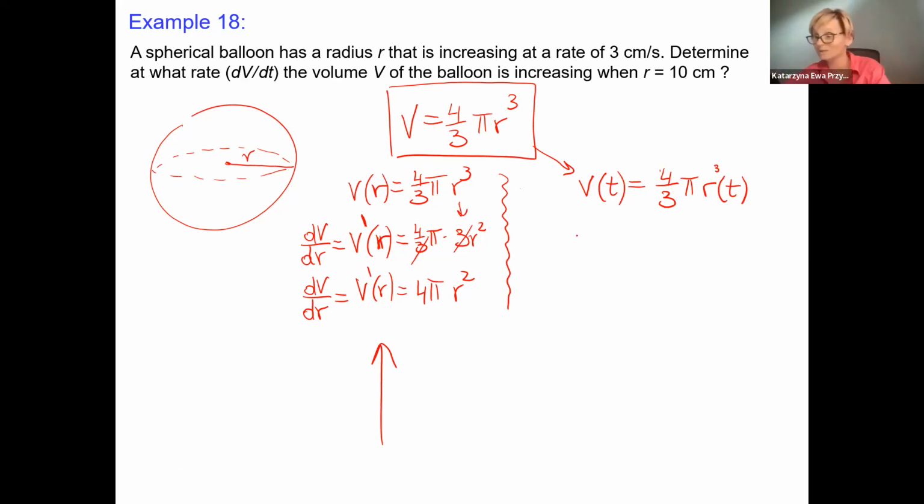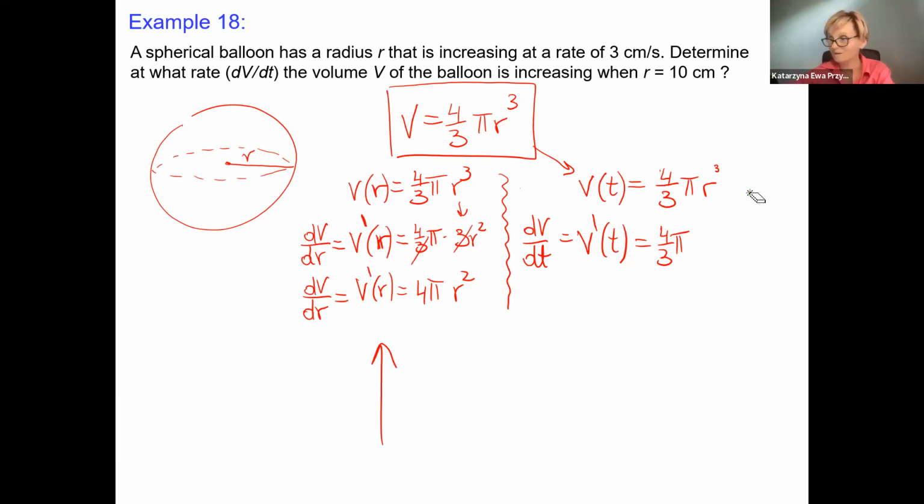Now, what is the derivative of the volume, dV/dt, the derivative with respect to time? We copy the constant 4/3 pi. Now, r cubed. What's the derivative of r cubed?